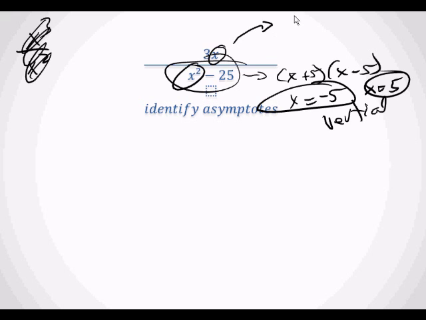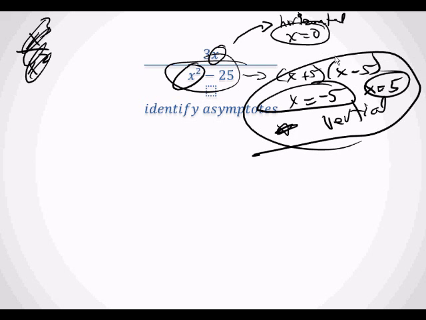This time my top power is less than my bottom power, so in this case you have another asymptote, a horizontal asymptote. Anytime your bottom power is larger than your top power, you just have a horizontal asymptote at y equals 0.